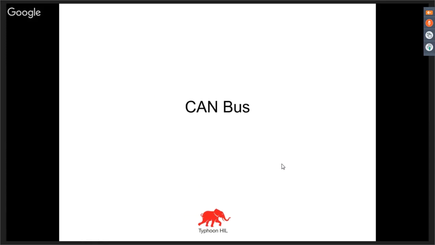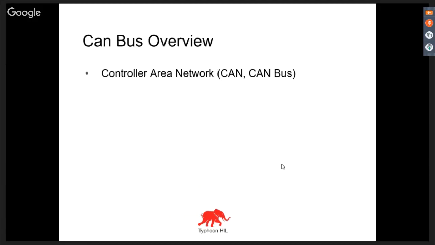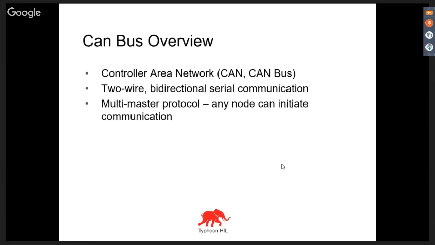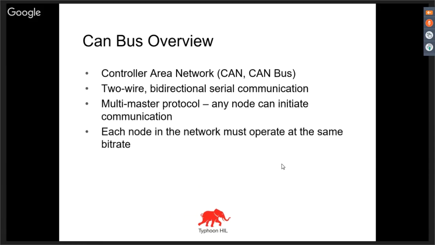Next, CAN bus protocol. CAN bus stands for Controller Area Network. CAN and CAN bus are synonyms. It's a two-wire bidirectional serial communication, multi-master protocol, meaning that any node can initiate communication, and each node in the network must operate at the same bit rate.